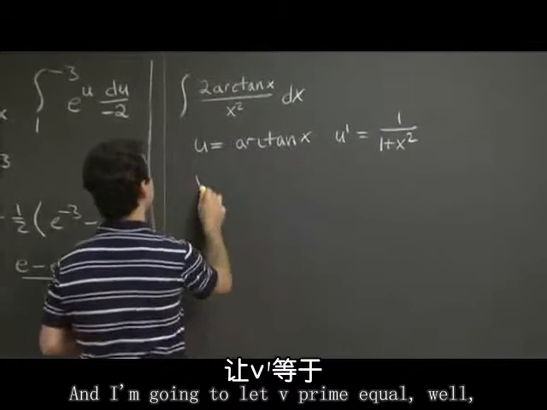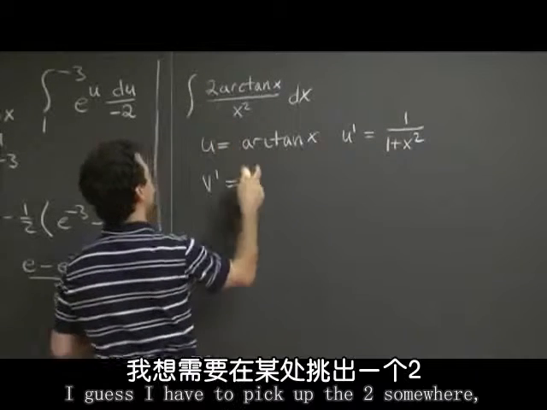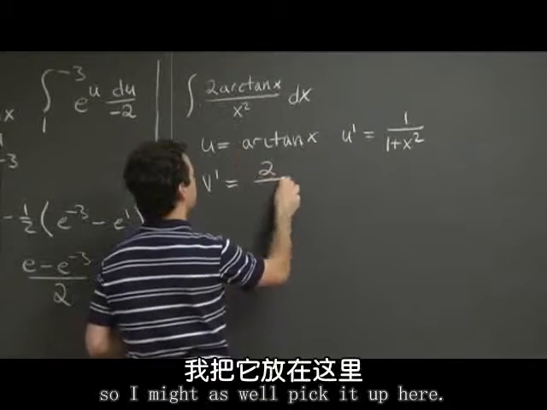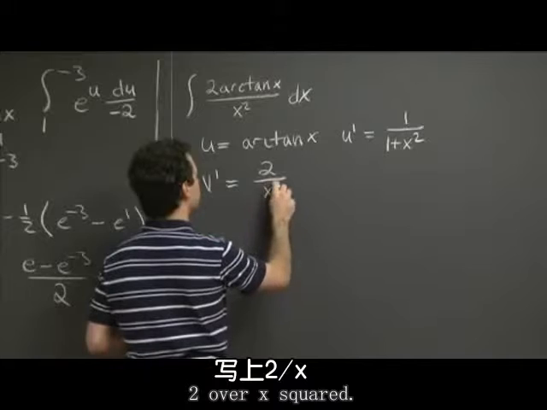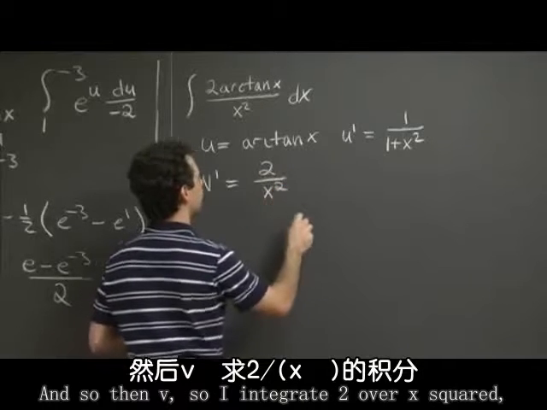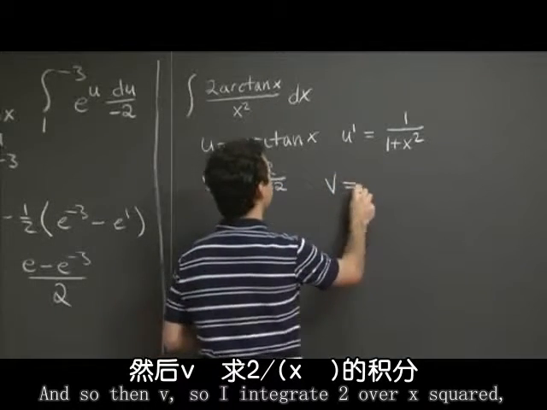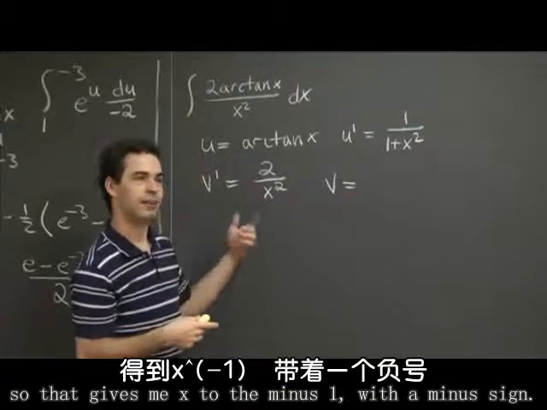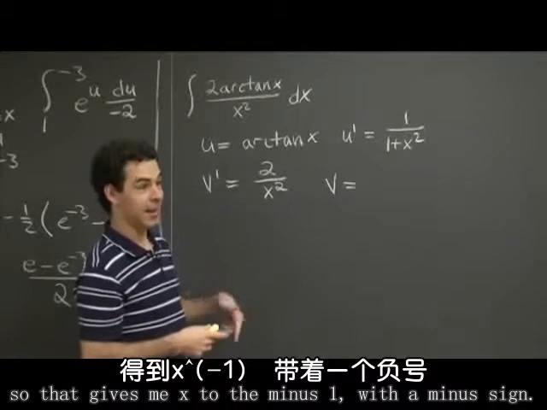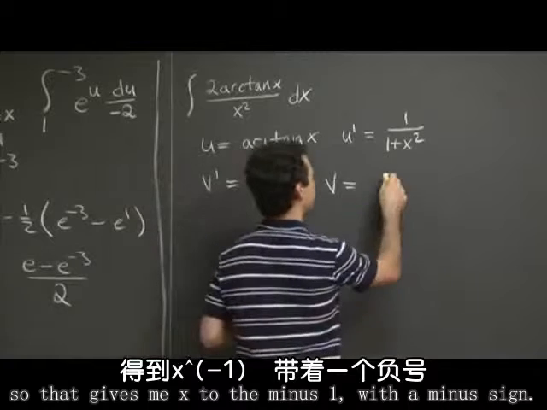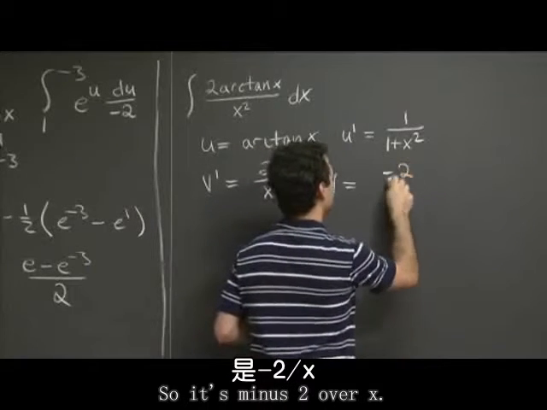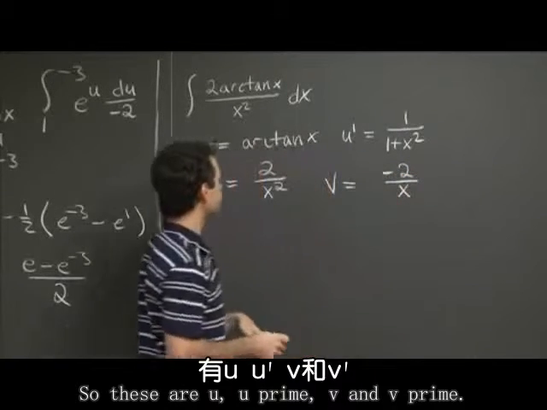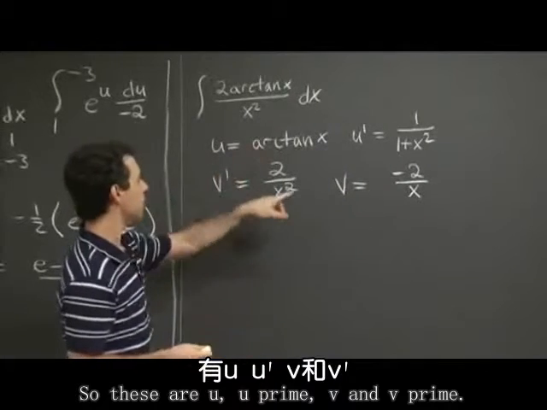And I'm going to let v prime equal, well, I guess I have to pick up the 2 somewhere, so I might as well pick it up here, 2 over x squared. And so then v, so I integrate 2 over x squared, so that gives me x to the minus 1 with a minus sign. So it's minus 2 over x. So these are u prime, v, and v prime.